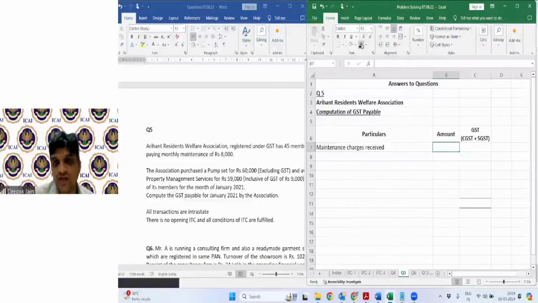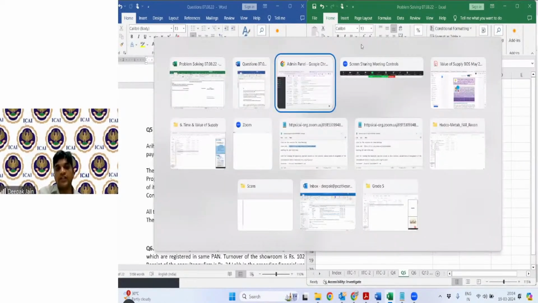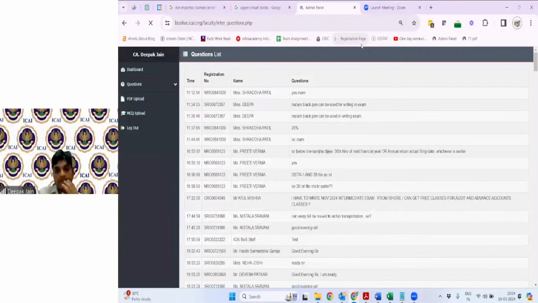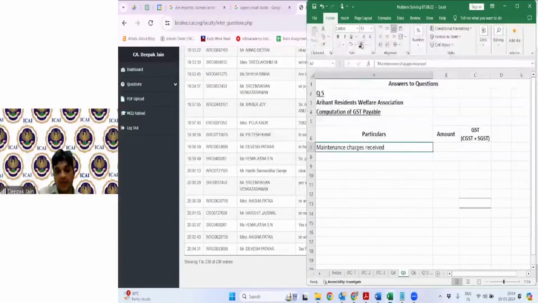What is the GST on that? What should be my calculation? Wow, tax payable directly 45,000 rupees.